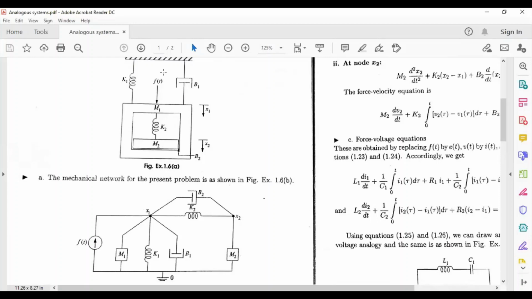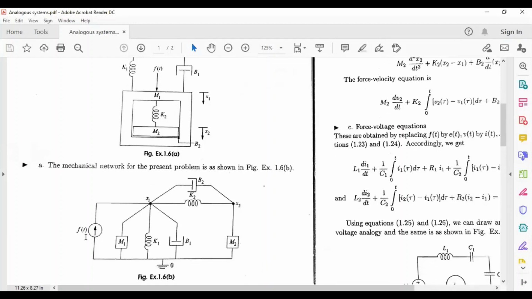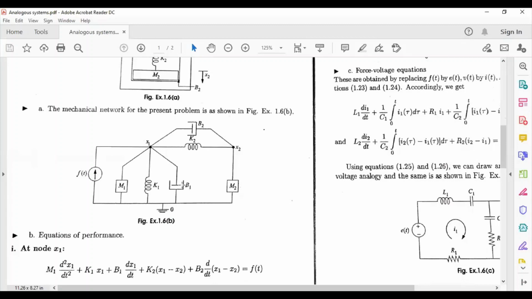Then K1 and B1 are connected to one rigid body and the other end to M1. So without any doubt, f of t is applied at x1. So at x1 we have M1, K1, B1, and at x2 we have M2, and between x1 and x2 we have K2 and B2. Okay, so don't ask me how we get this, because I have already told. We will move a little fast.